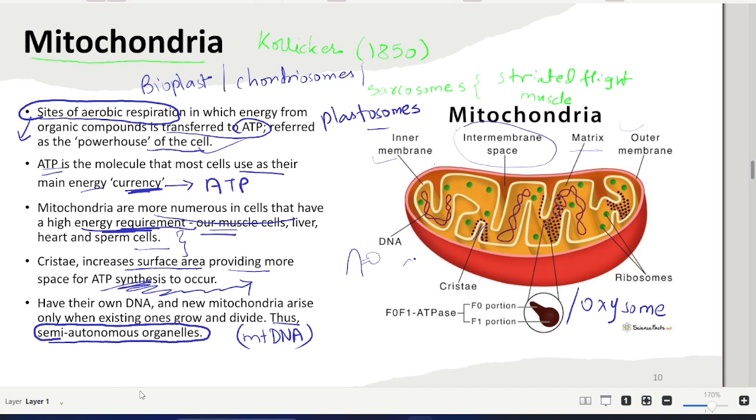Let me explain once again. As I have told you, the cristae have the F1 particle, which is also known as the oxysome, and the cristae are the finger-like structures of the inner membrane. This is the inner membrane, which extends into the matrix.